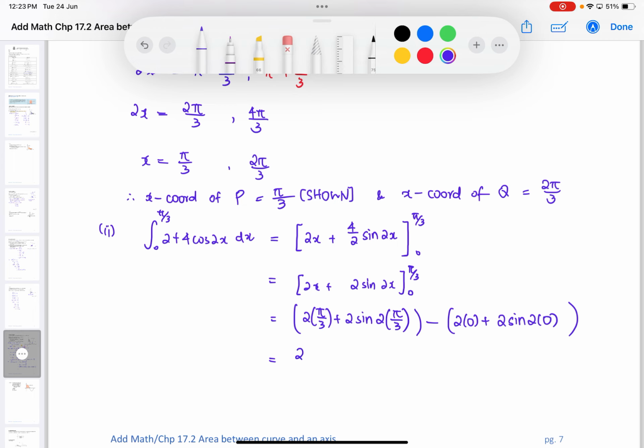Okay, so this will give you 2 pi over 3 plus, what is sine 2 pi over 3? Root 3 over 2? It's a special angle, right?